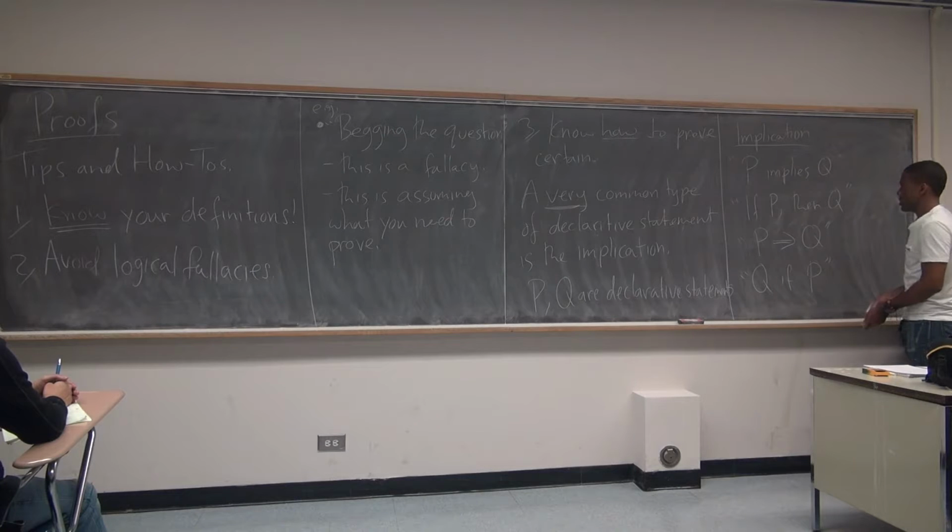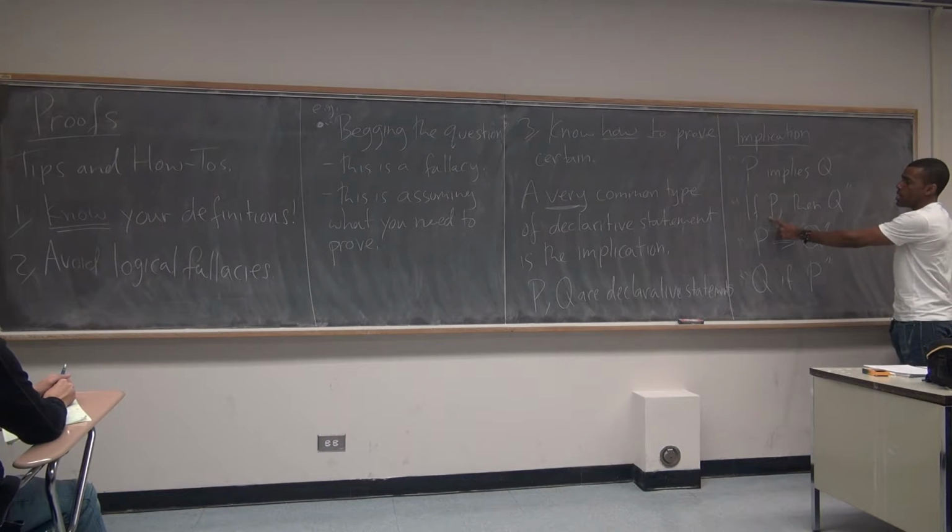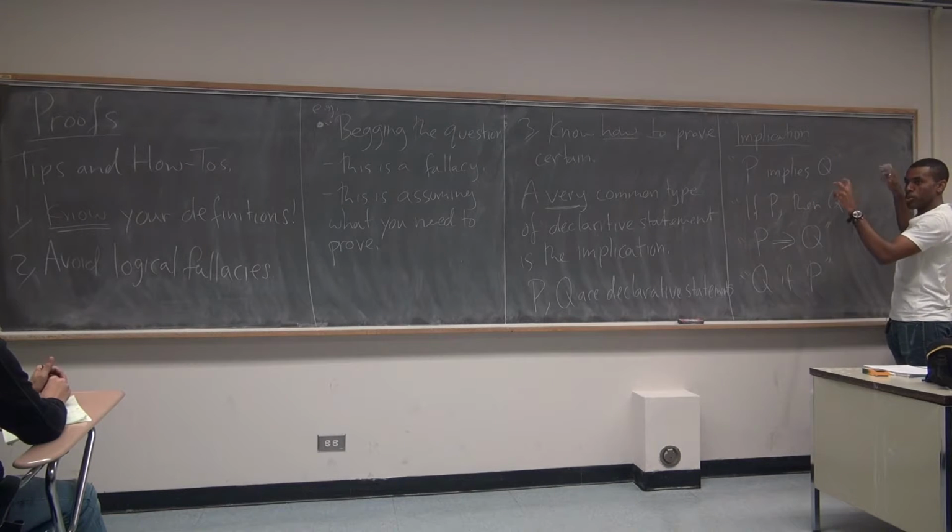So for example, in the test, I had a question like, if A transpose times A equals A, then A is the identity, right? So P would be the statement, A transpose times A equals A. Q would be the statement, A is the identity.